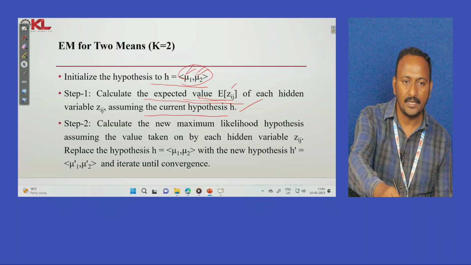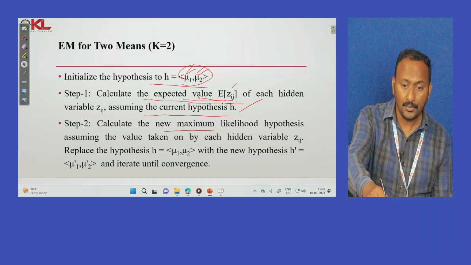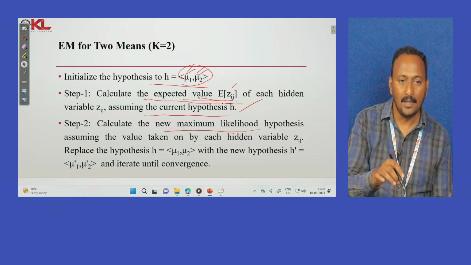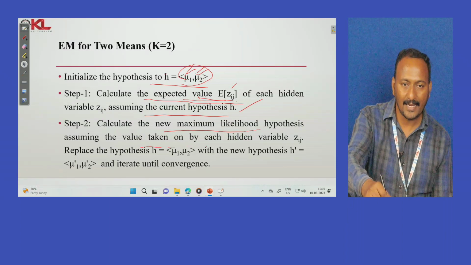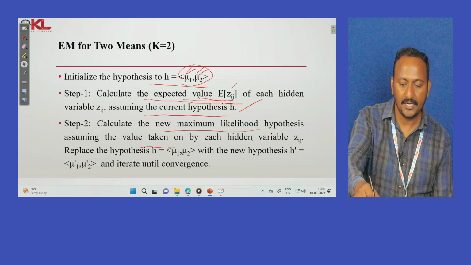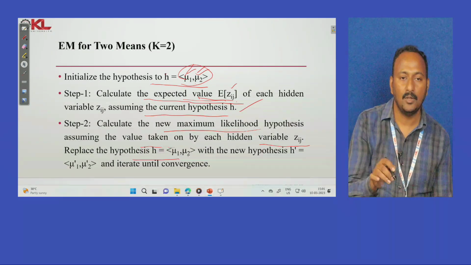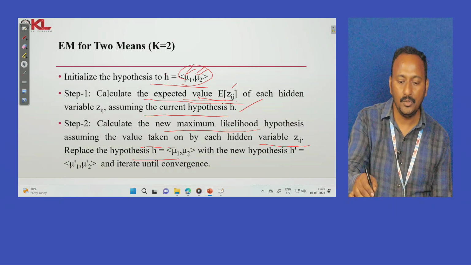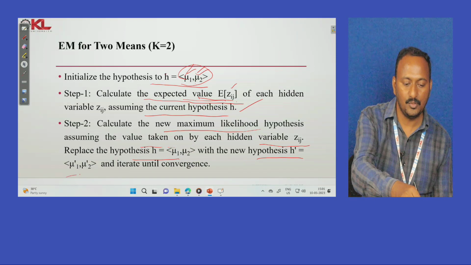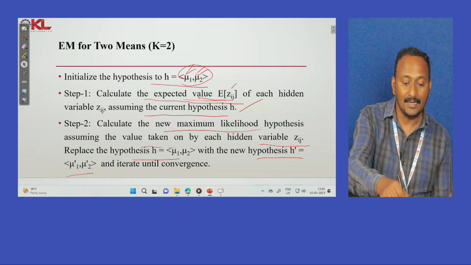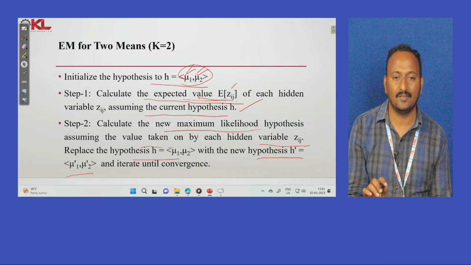In the second step we need to calculate the new maximum likelihood hypothesis by assuming the values taken by each hidden variable Zij, and replace the H of mu1 comma mu2 with the new hypothesis H bar, that is mu1 bar comma mu2 bar, and iterate these steps until convergence occurs.